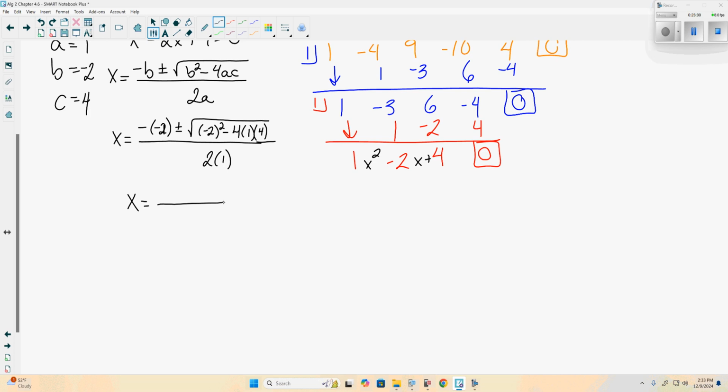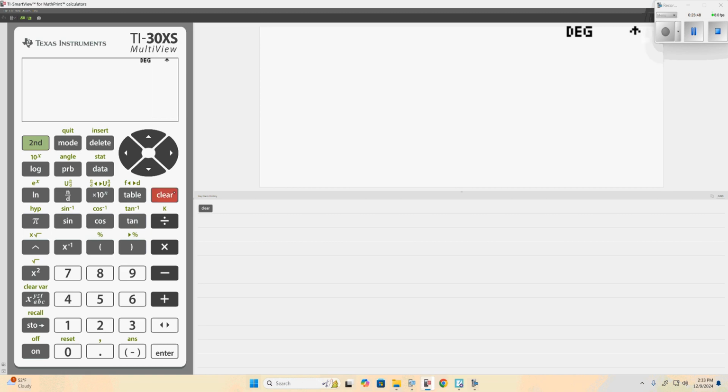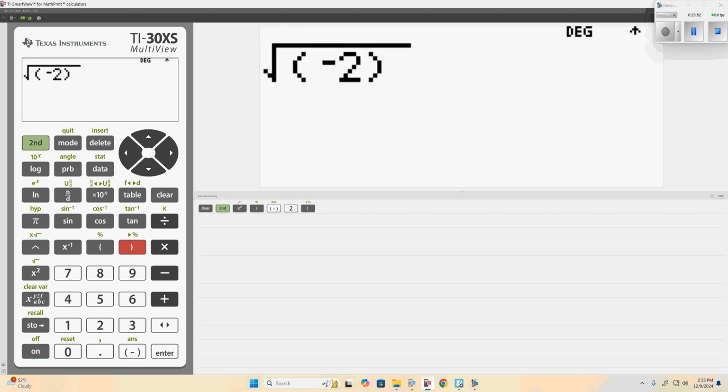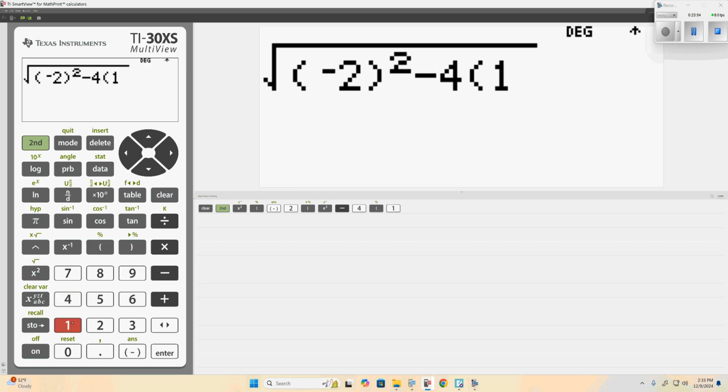At this point here, we do want to do some simplifying. Our negative negative 2 is just 2, plus or minus, all over 2 times 1, 2. Now at this point here, it'd be very tempting to want to type the whole thing in the calculator, say second square root, negative 2 squared minus 4 times 1 times 4.